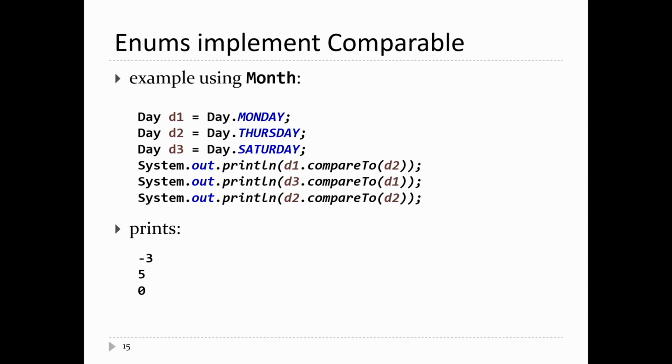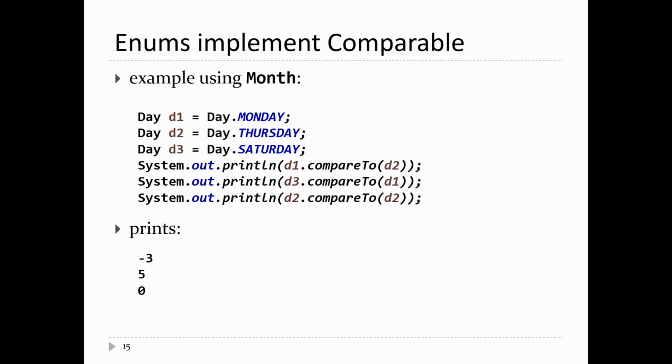Okay, so if you want to compare 2 days, this is how you do it. I've got Monday, Thursday, and Saturday. If I want to compare Monday to Thursday, Monday comes before Thursday, so it's smaller than Thursday. So you get back a negative number. It's 3 days smaller than Thursday, so you get back -3.